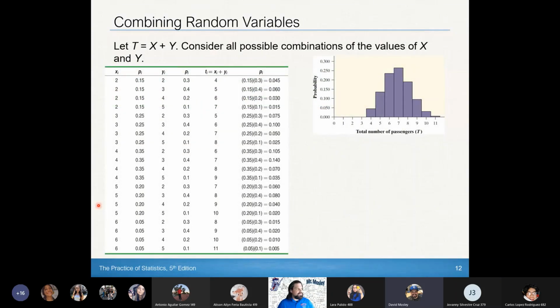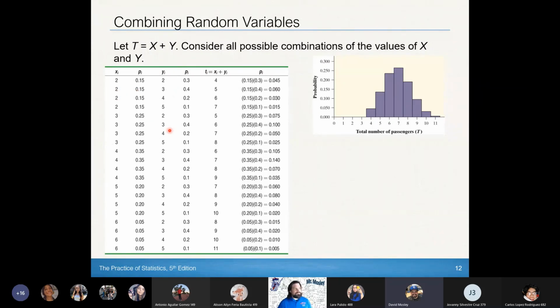So this is the table of probability combinations, essentially. If t equals x plus y, consider all possible combinations of values of x and y. This table shows we could have 2 passengers from Pete and 2 passengers from Aaron, getting us a total of 4 passengers, and a probability of 0.045. Then 2 and 3, 2 and 4, all the combinations.